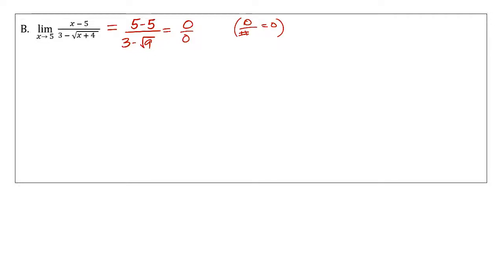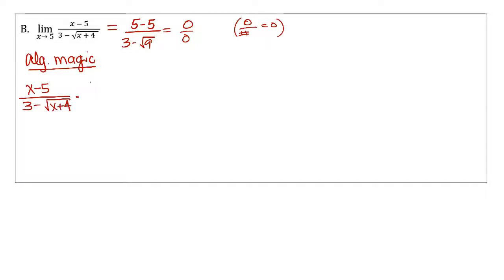All right, now we're going to come back and do our little algebra magic again, but this time notice where the radical's at. It's in the denominator. So we're going to rationalize that. So we have x minus 5 over 3 minus the square root of stuff.